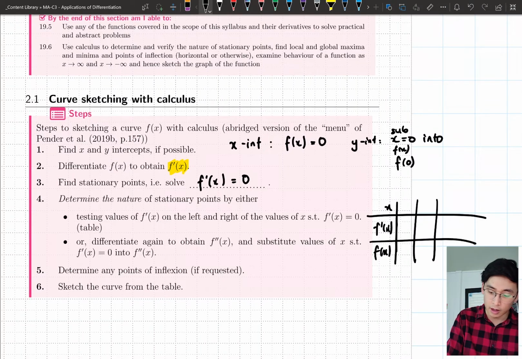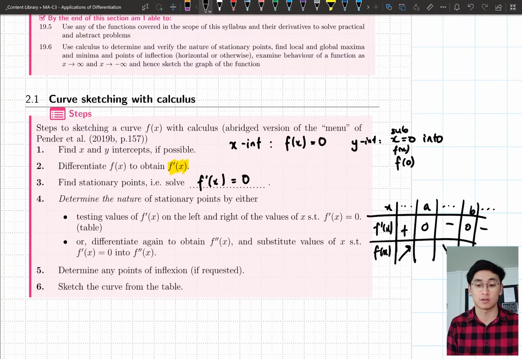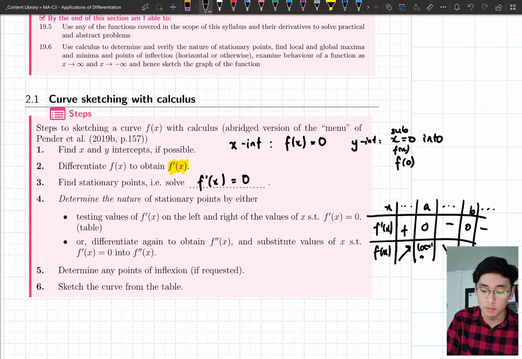We put them in, so we had a and then b, and we tested points either side. And we know that this is 0 and 0. If the first derivative is positive, it means that it's increasing, and if it's negative, we know that it's decreasing, and so on. Using this, we can understand the shape of our graphs by looking at the arrows, and it tells us what type of turning points we have. So do we have a local maximum, for example, over here? Do we have a local minimum? Or do we have, like here, a horizontal point of inflection?